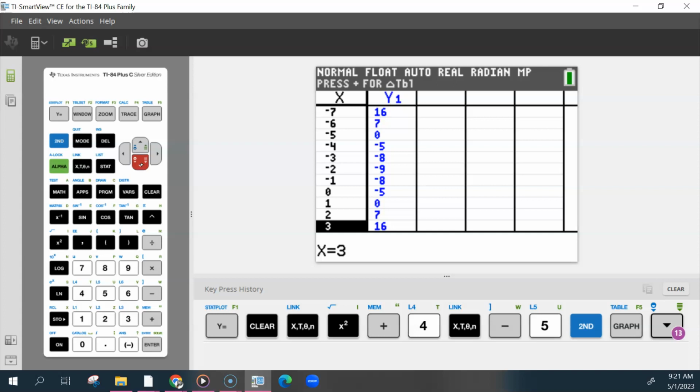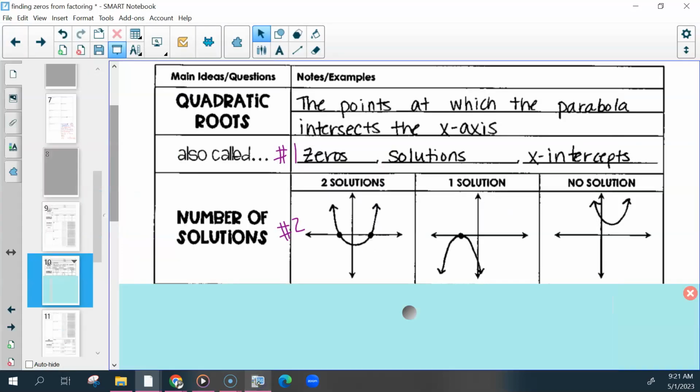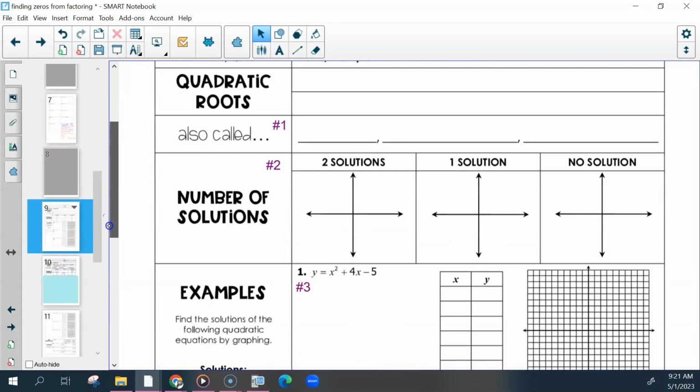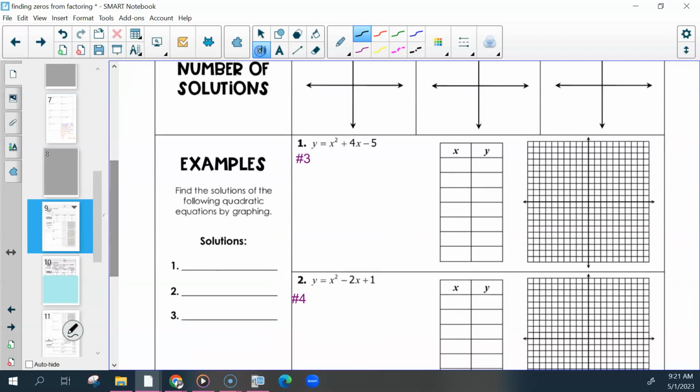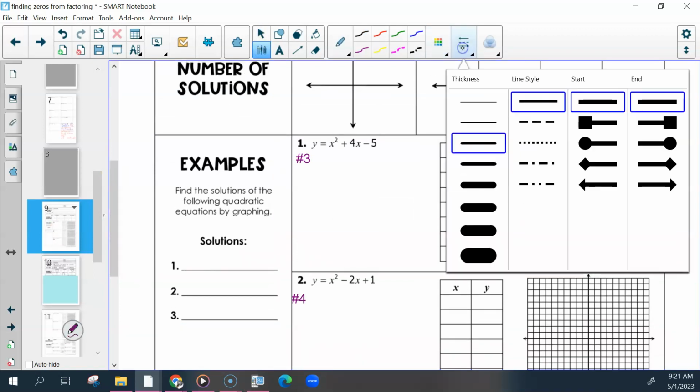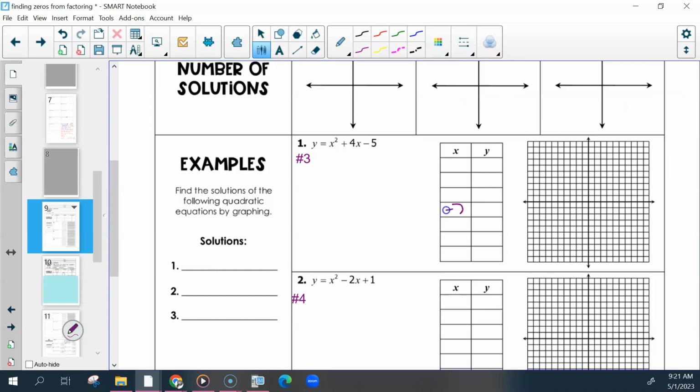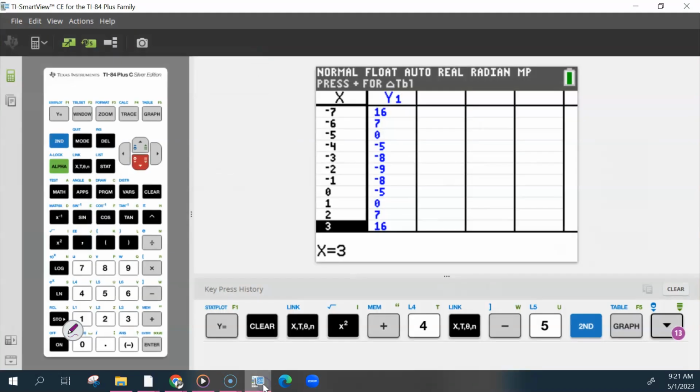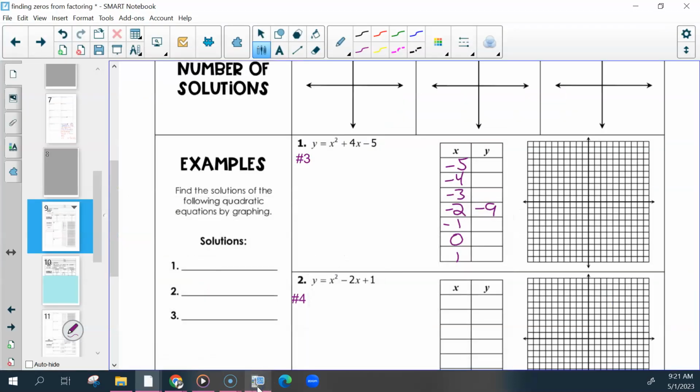So -2, -9 is going to go in the middle of your table. And you're going to fill out the rest using the rest of your table. Let's see. You have -8, -5, and 0.